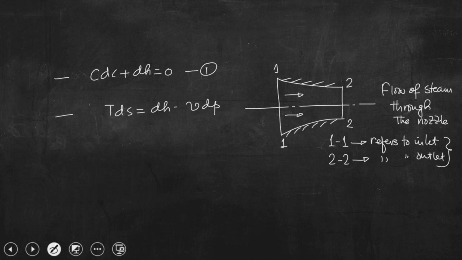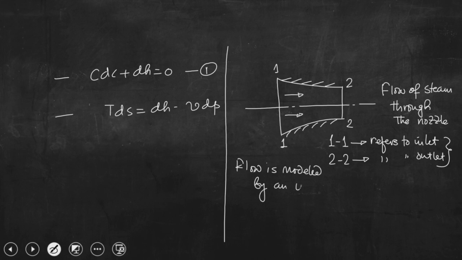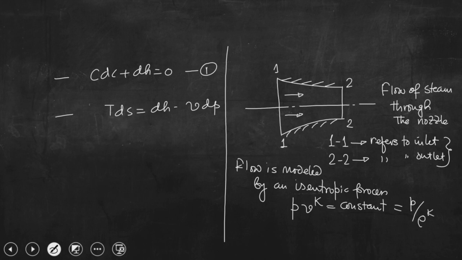Since the process is isentropic, the flow of steam through the nozzle is modeled by an isentropic process, and that is represented mathematically by this equation that you have studied many times, P by rho to the power k equal to constant, where k is the index of expansion for the isentropic process that we have considered.